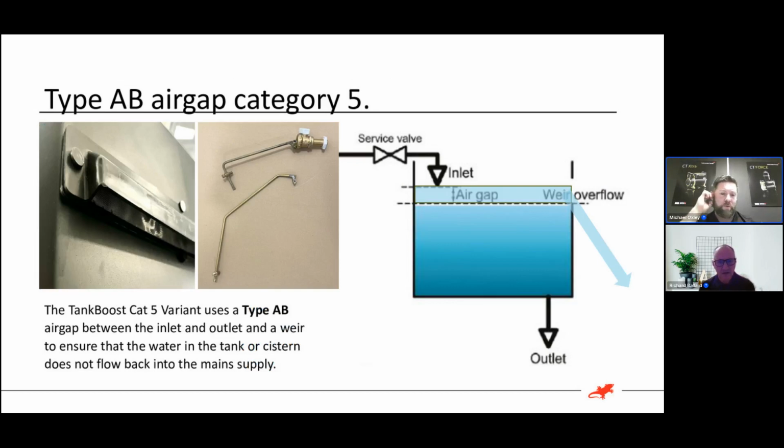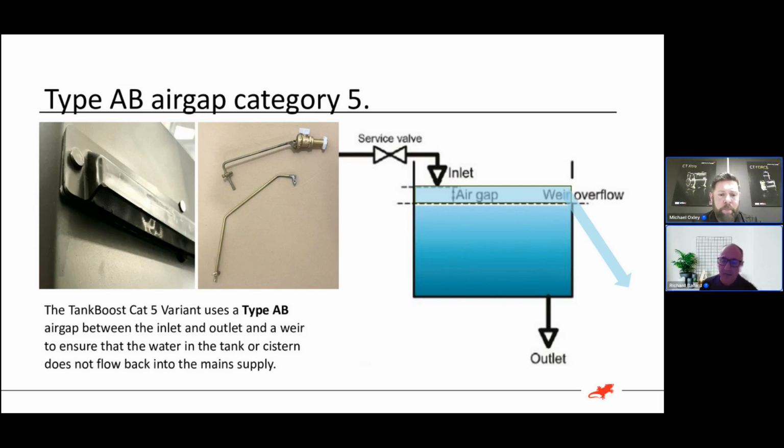Instead of that circular overflow, we create the AB air gap. In effect, it's basically like a letterbox along the side of your tank, isn't it, Richard? On ours, there's a cowl and a mesh stopping ingress into the tank. And the cowl's there just to prevent direct sunlight, so you're not changing the temperature of the water. Yeah.